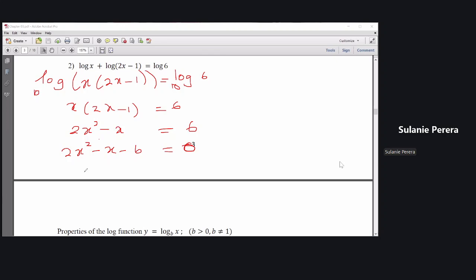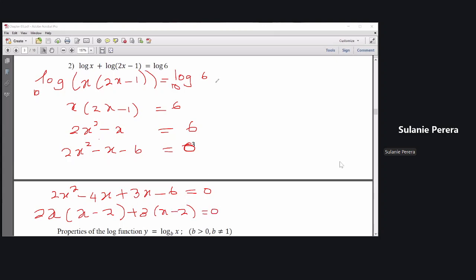So can we factorize this? Multiplies to give minus 12, adds up to give minus 1. So minus 4x plus 3x. 2x, x minus 2, x minus 2.